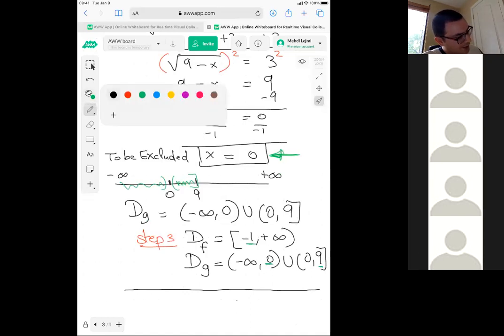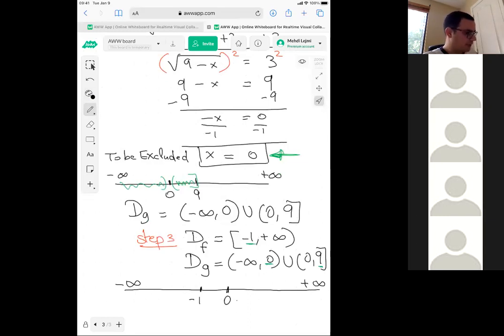So on the number line, I'm going to have negative infinity here, positive infinity. So I'm going to put my -1, and then I'm going to put 0. Of course, 0 is on the right side of -1, and then I'm going to put 9, which is also on the right side of 0.